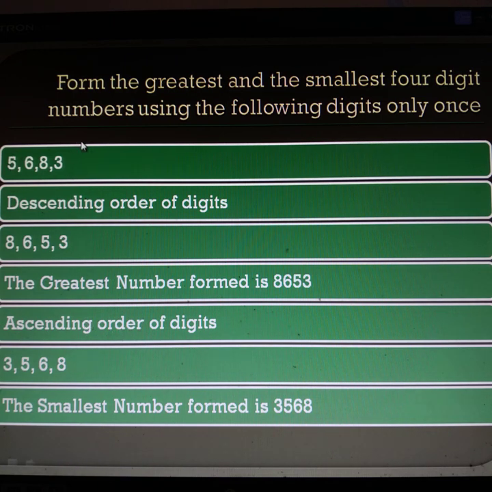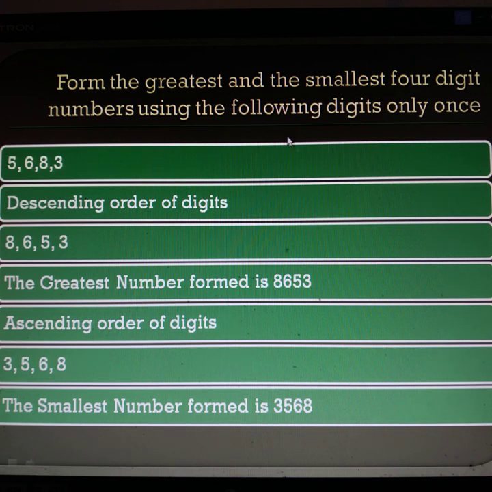So here you can see that the smallest should be written first, that is 3, after that 5, after that 6 and after that 8. So we have arranged the numbers from smallest to greatest. So the smallest number formed is 3, 5, 6, 8.